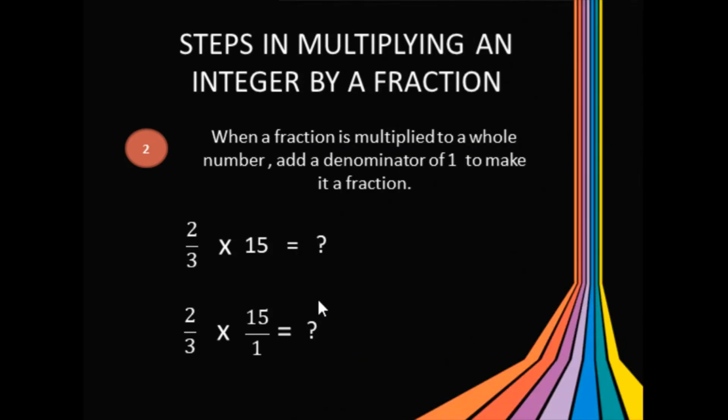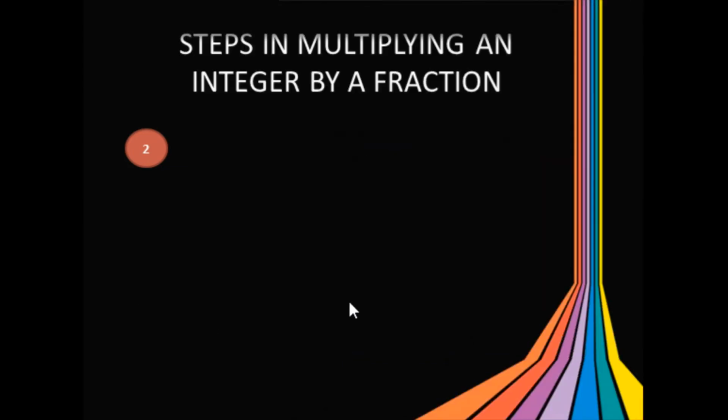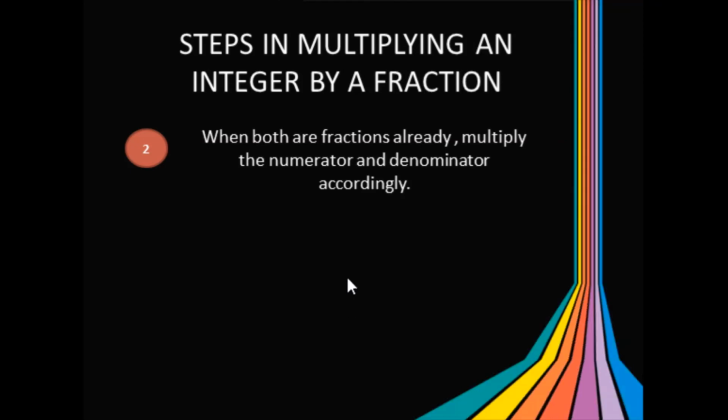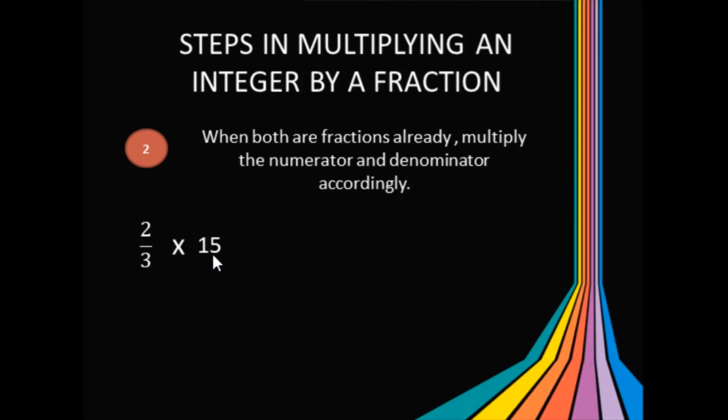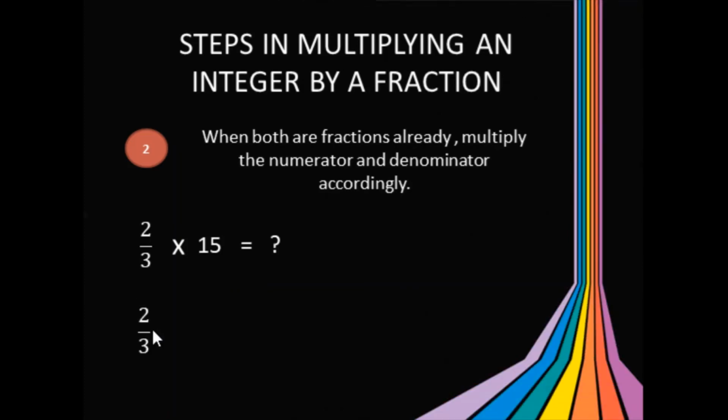After this step, you have to multiply the numerators and the denominators. Let's take a look at this one again. 2/3 times 15. We make them the same by putting 1 as the denominator. So we have 2/3 times 15 over 1, right?